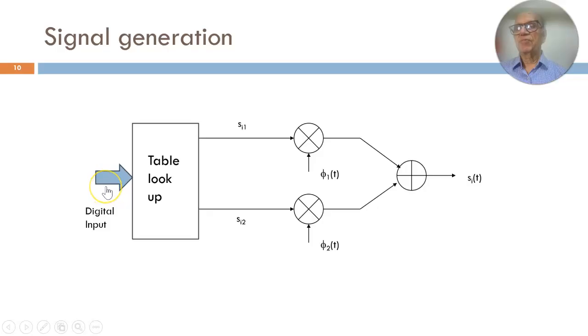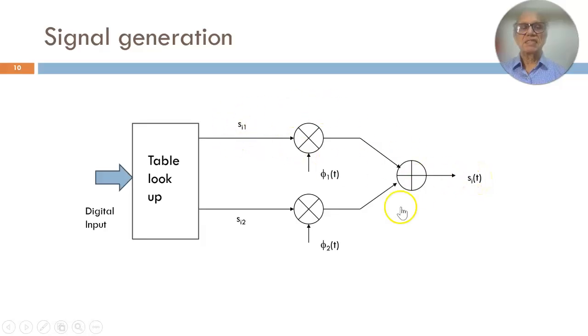So let's say digital input. For example, suppose we are coding a doublet 0, 0, 0, 1, etc. If the digital input is 0, 0, then this table lookup will generate this output as S11 and this as S12. S11 is multiplied by phi 1(t), then S12 is multiplied by phi 2(t), they are added and you generate the signaling waveform.